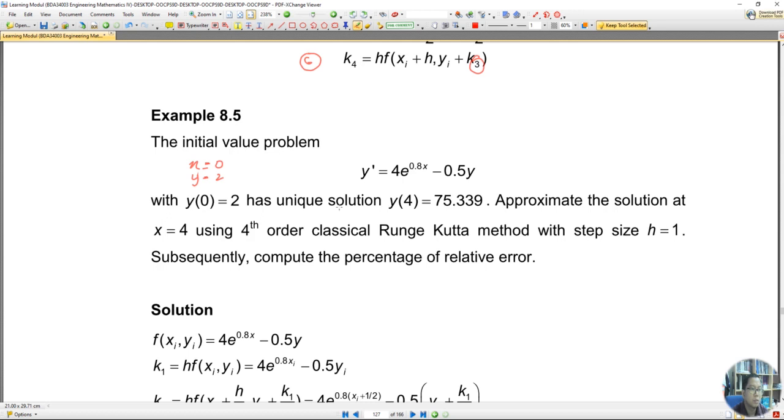It has a unique solution where x equal to 4, y equal to 75.339. Approximate the solution at x equal to 4 using the fourth order classical Runge-Kutta method with step size h equal to 1. Subsequently compute the percentage of relative error.